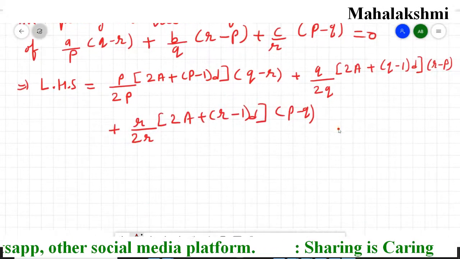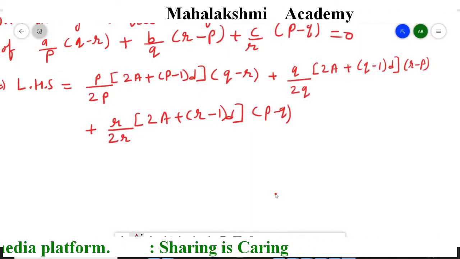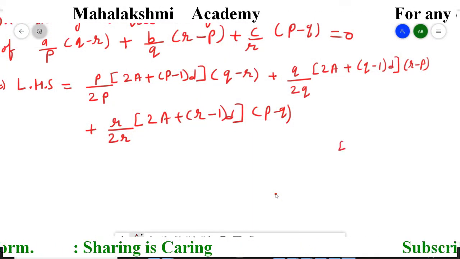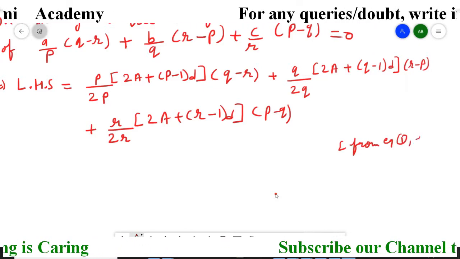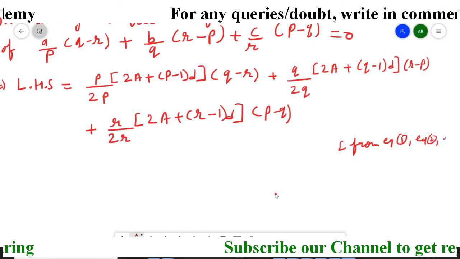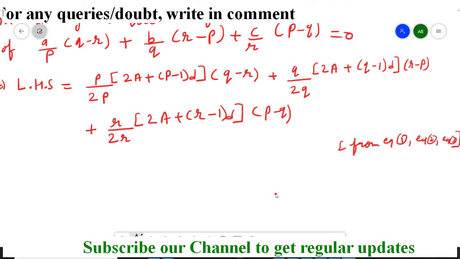So these values we replaced from equation 1, 2 and 3. So we'll write the reason: from equation 1, equation 2 and equation 3 we replaced it. Now we have to solve it.